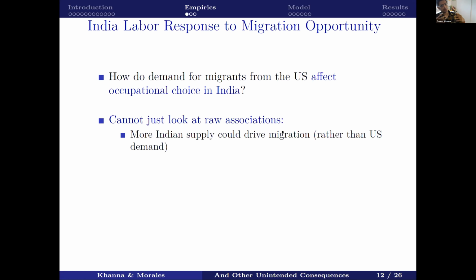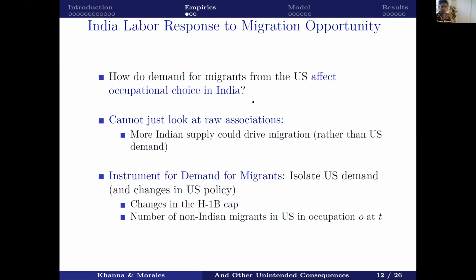And you can't just look at raw associations because it could be that, for instance, India was just going to build more engineering colleges and students just happened to want to get computer science degrees and it had nothing to do with the US. So you can't just look at raw associations when you try to answer a question like this.